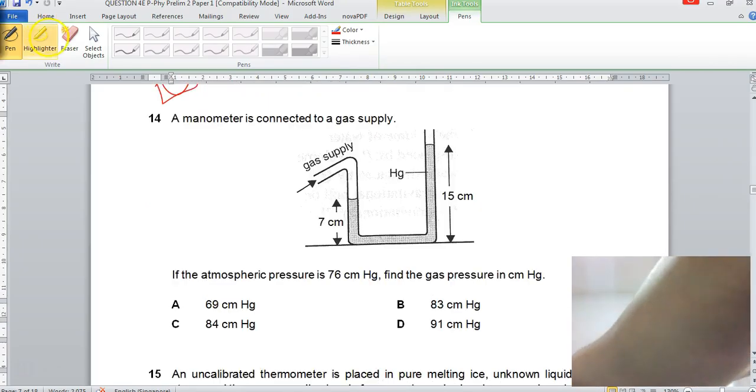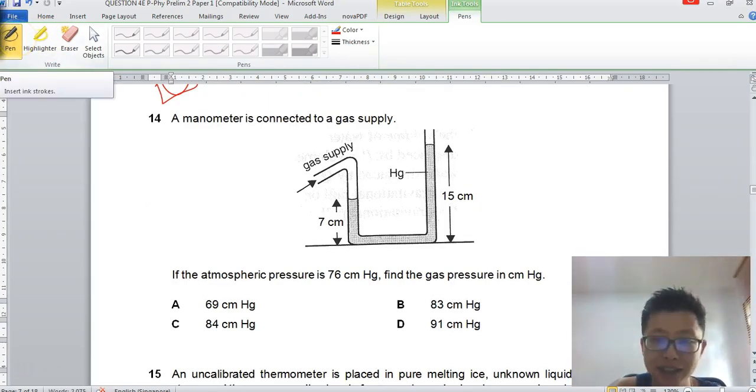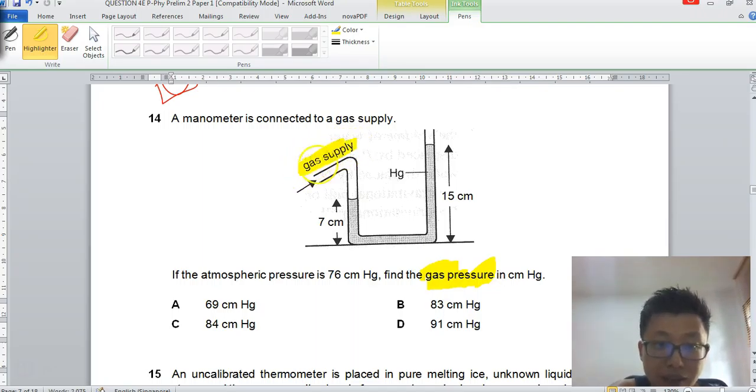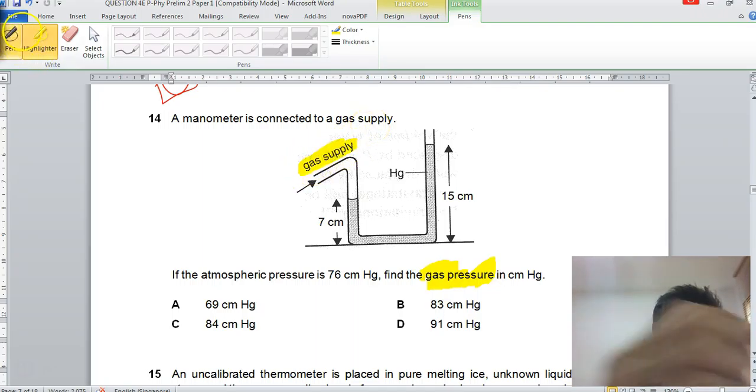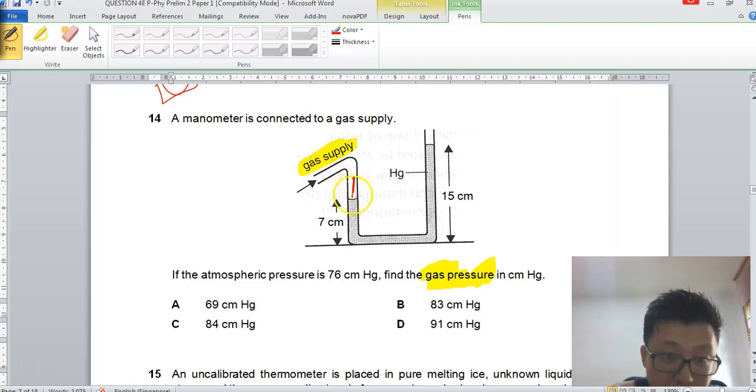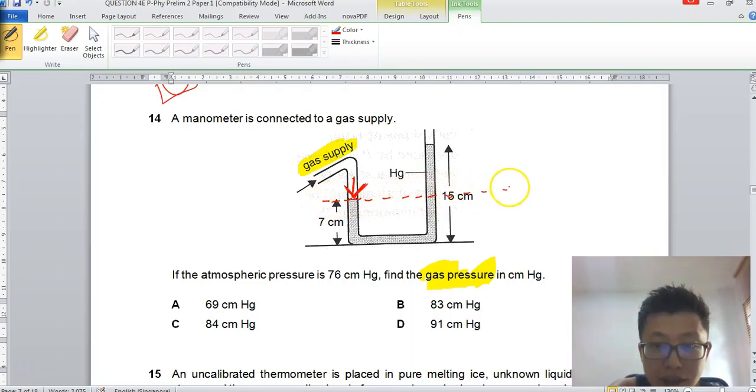Okay, now let's look at question 12. Question 12 is about your pressure. So pressure is actually quite simple. You just look at the pressure at a water level that you want to focus on. So naturally what you will do is look at the question first. You want to find the gas pressure of this supply. You want the pressure here, and this pressure is pressing against this water level. So let's use this water level as our reference.